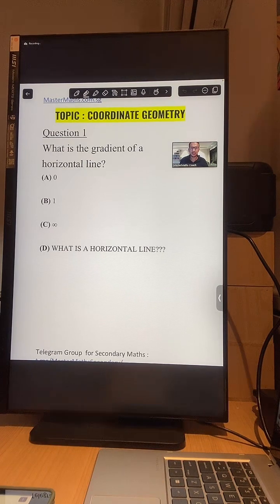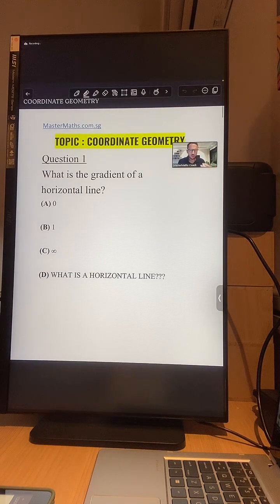So what is it about? Coordinate geometry is that topic where you have your y-axis, and then you have your x-axis, and then you have either a straight line or sometimes a curve. This all falls under coordinate geometry.